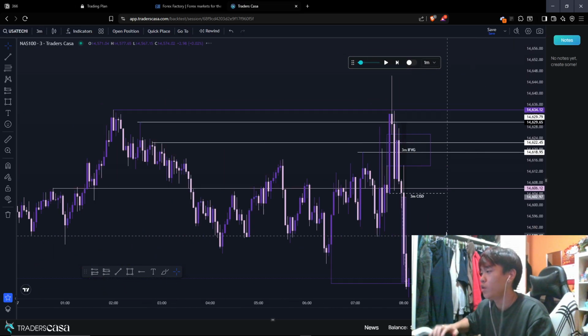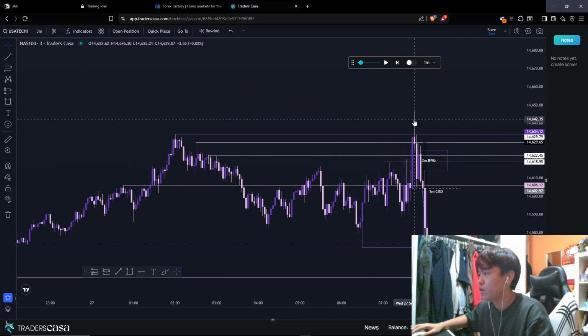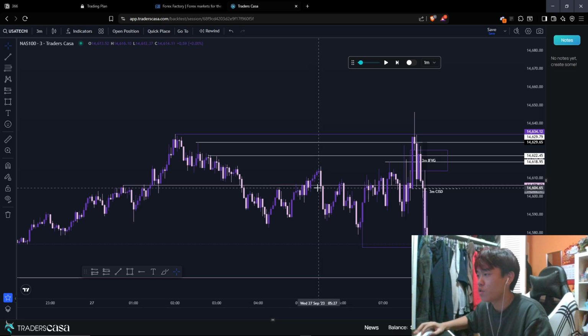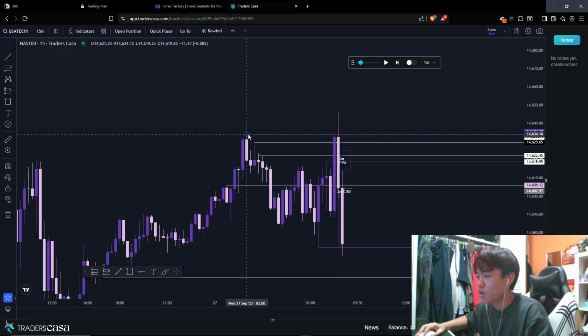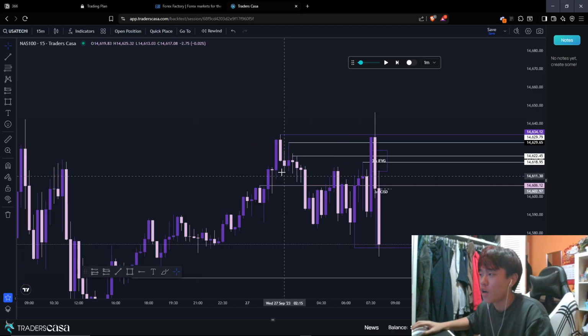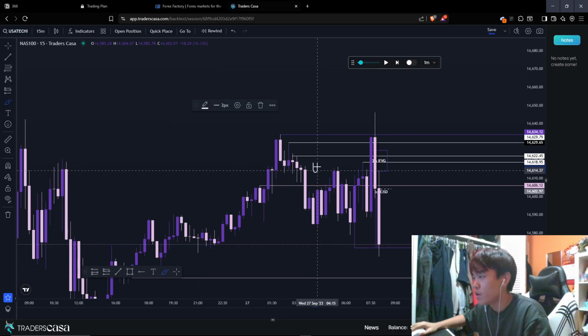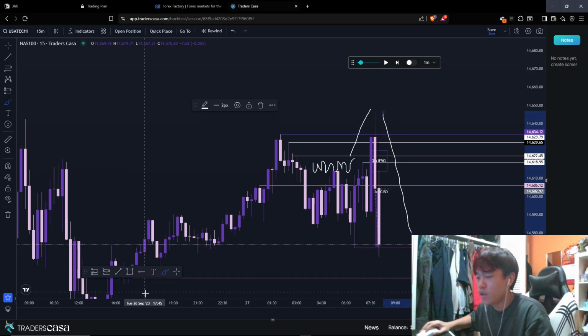Let's go over what I took here. We get this manipulation up here, right? We get this consolidation throughout London. We take out London opening. We create this high, and then we kind of just consolidate. As you can see right here, we don't really move anywhere. We consolidate, take that shit out, and it should go straight down.